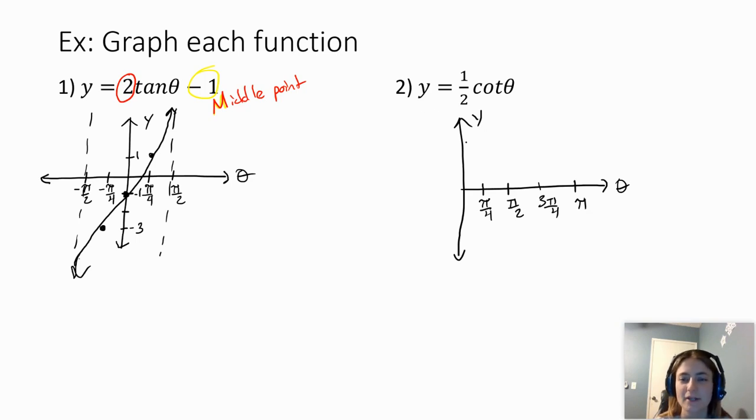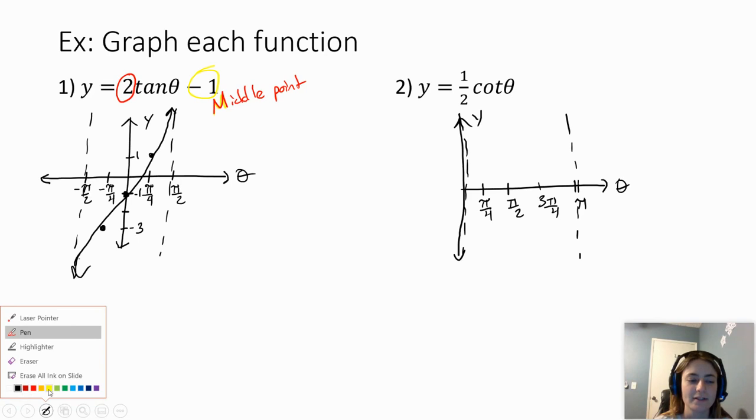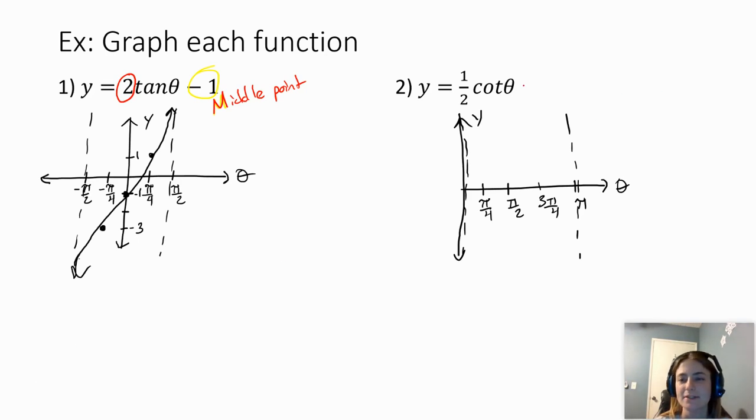So we know that the vertical asymptotes are going to be at 0 and pi. And the point in the middle, which is right here, notice that our k value is 0.